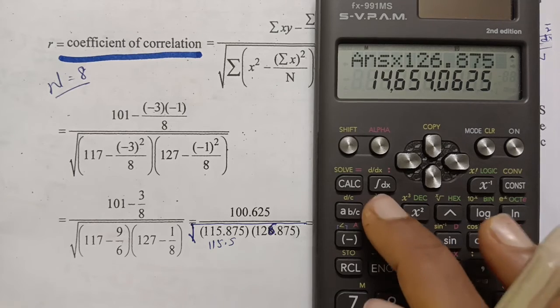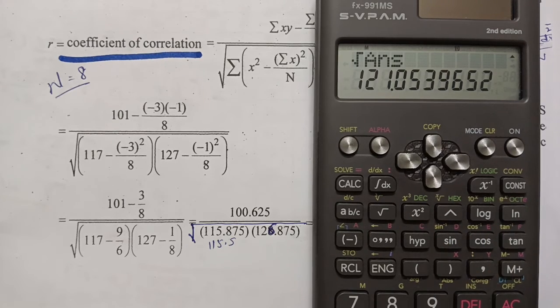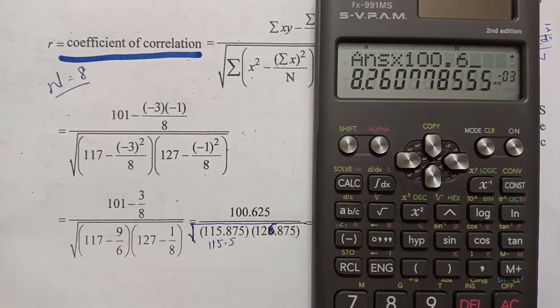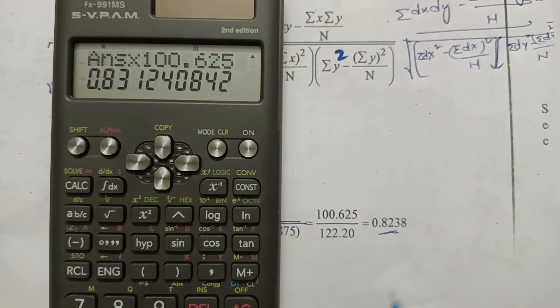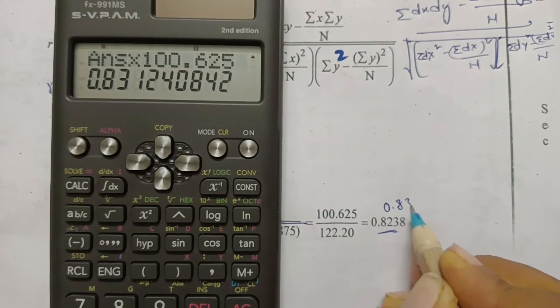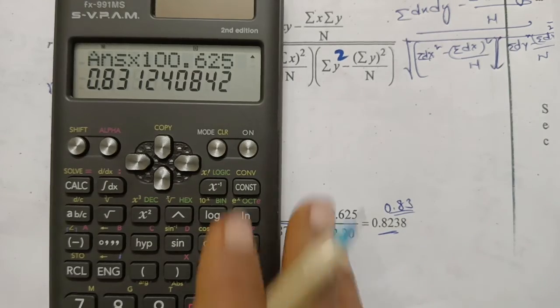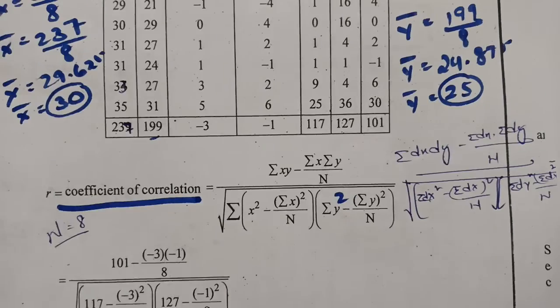This is the product, and we have to make a square root out of this, and we have to take the inverse, into 100.625. The value here is 0.83 around. So here the value is equal to 0.831. So this is the value, and this is how we have to find the correlation coefficient.